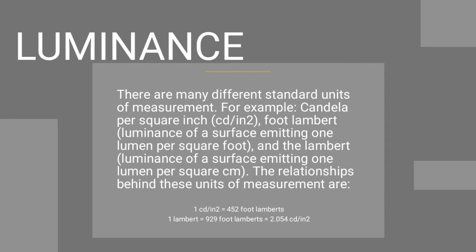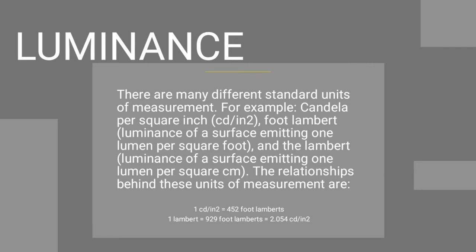There are many different standard units of measurement. For example, candela per square inch, foot lambert or the luminance of a surface emitting 1 lumen per square foot, and the lambert, the luminance of a surface emitting 1 lumen per square centimeter.